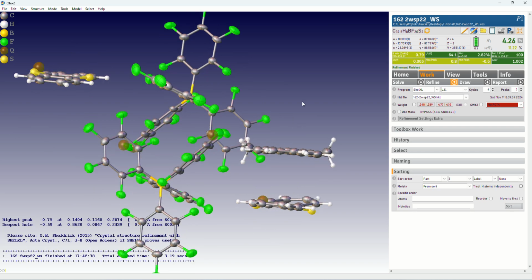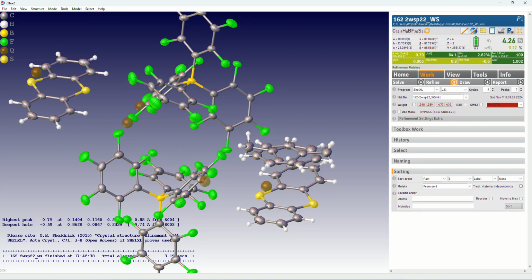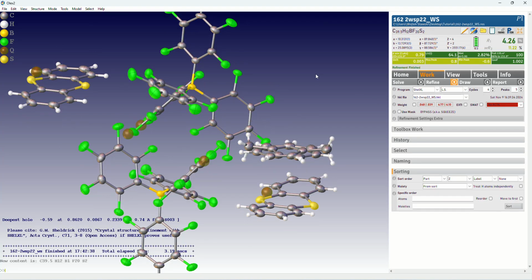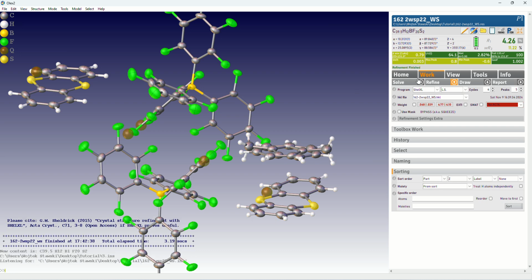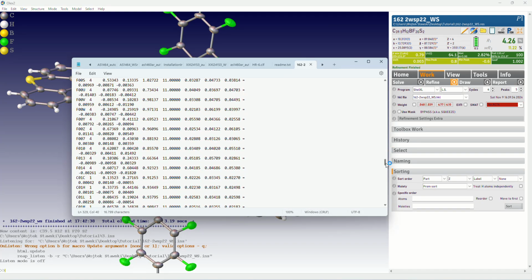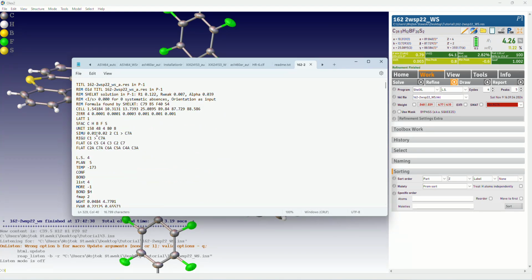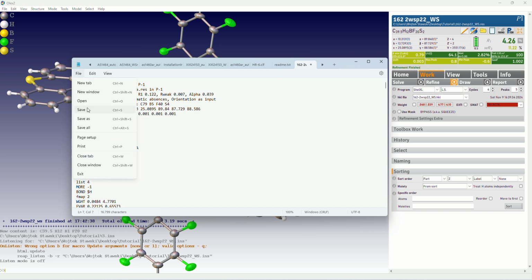So we could now update the formula. Something is wrong, and the thing that is wrong here is the Z number. It doesn't match P minus 1. So we can do edit and just change 0 to 2 instead of 4. It will automatically update.